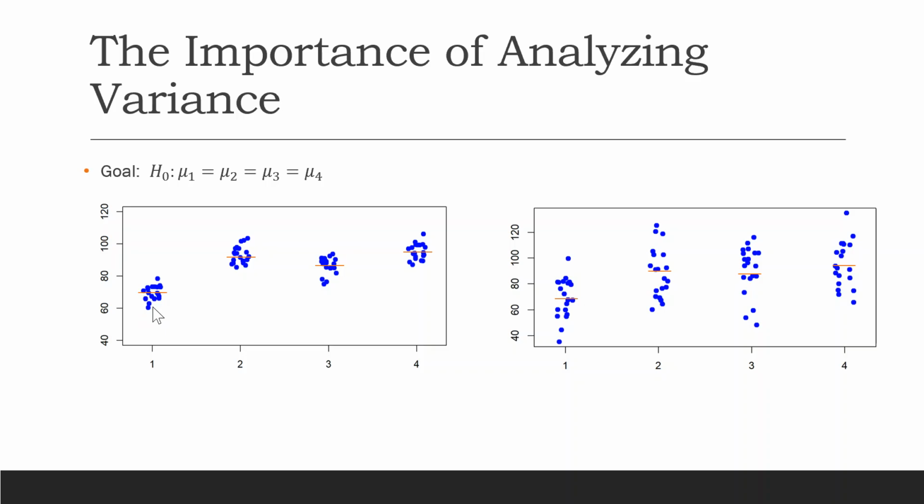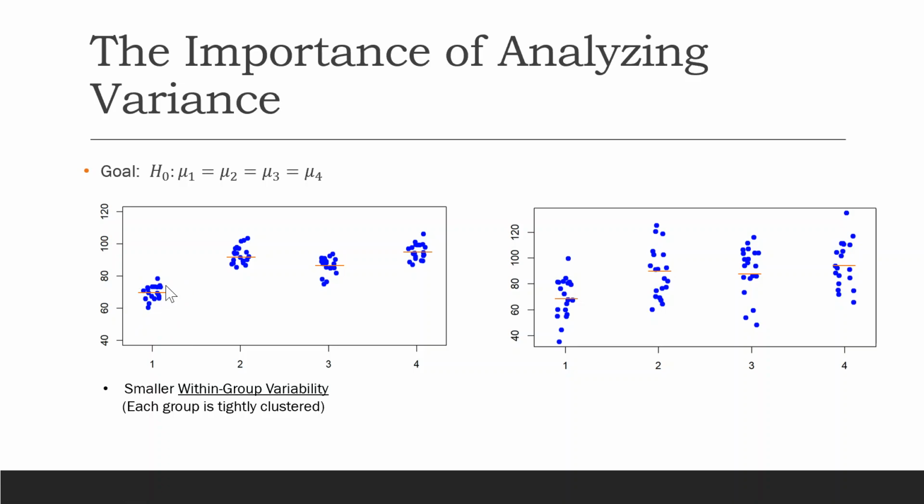If you look at this first table or figure to the left, there is smaller within group variability. That means if I go to each group and just look at them separately, I'm going to this first group, how spread out are those observations within that group?